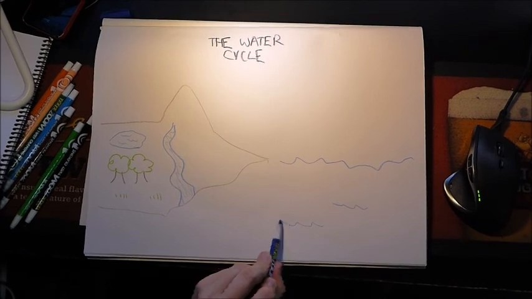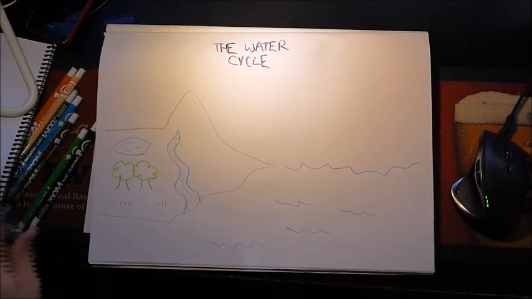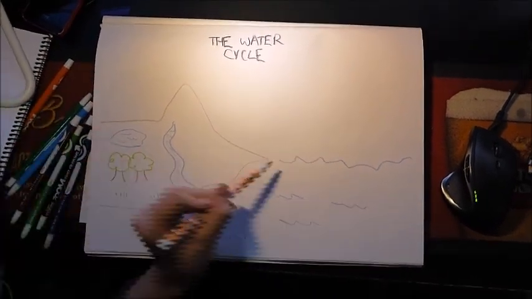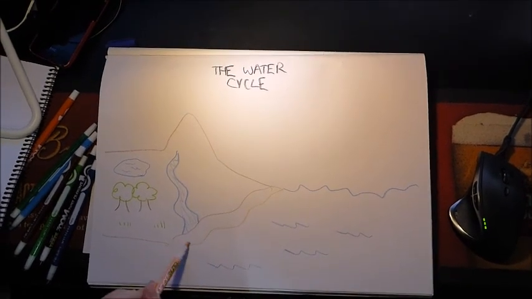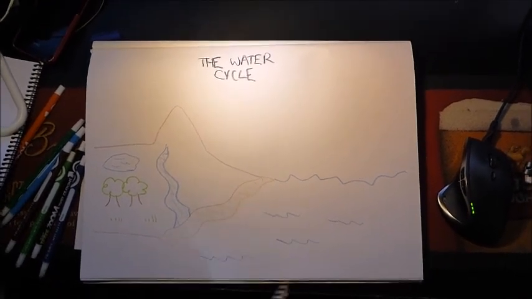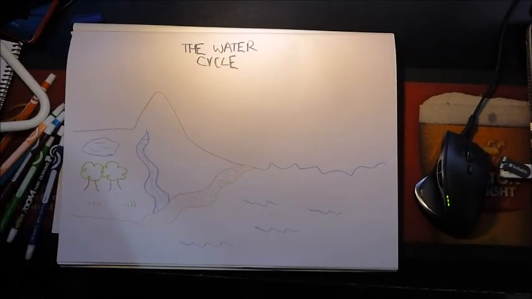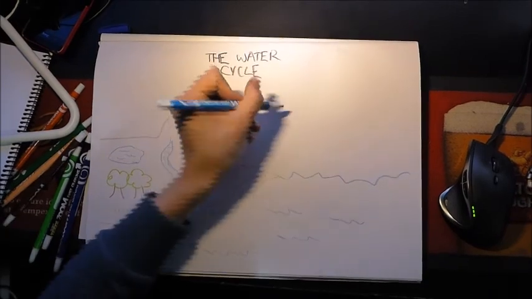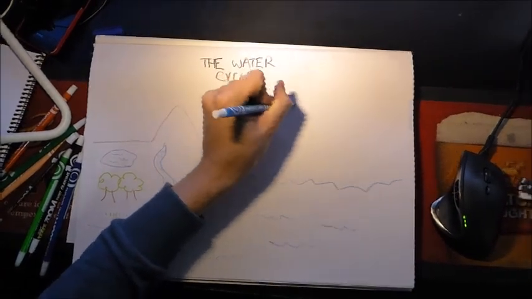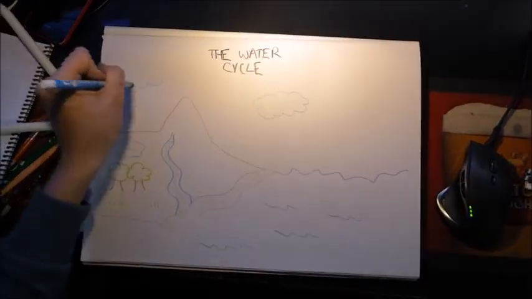The ocean and lakes are where all the water accumulates, and this is huge for the development of the water cycle. Now another major part is the sky, because we all know where water comes from, and this will be explained when we go through the stages of the water cycle.